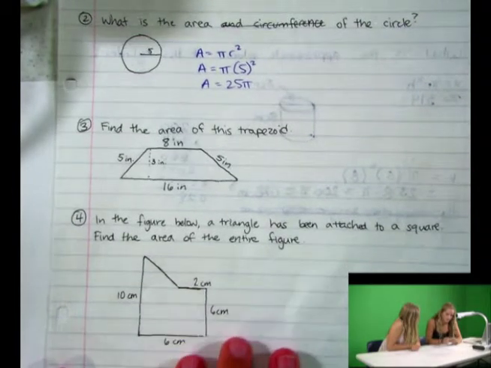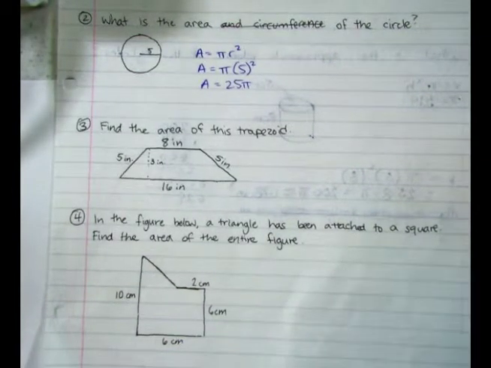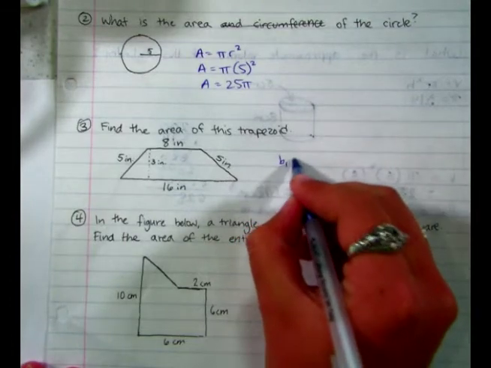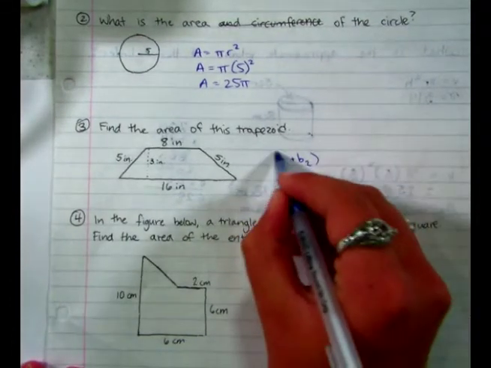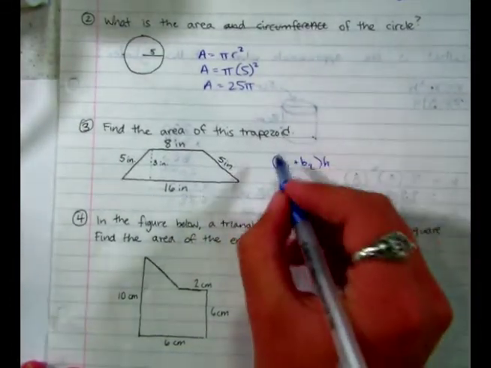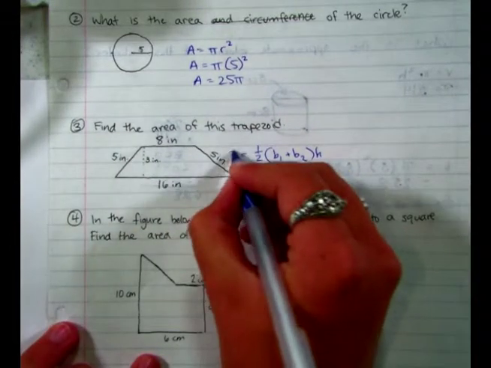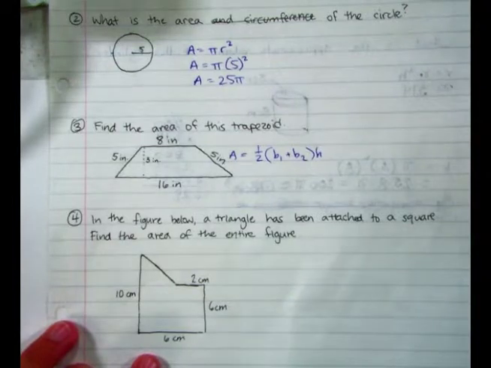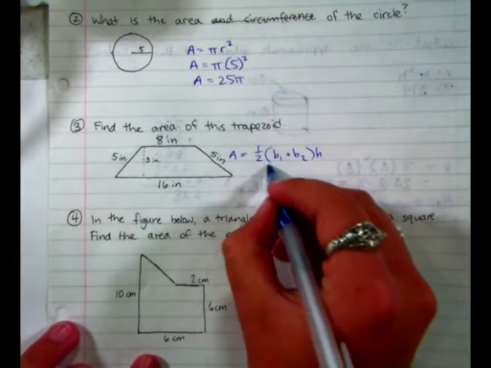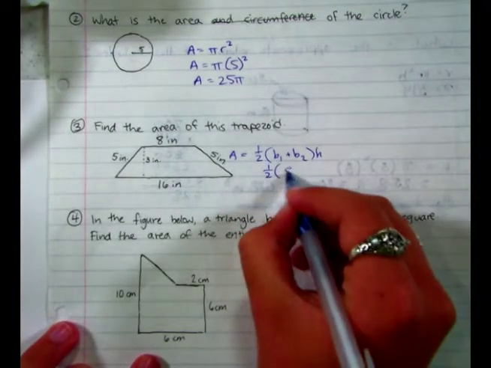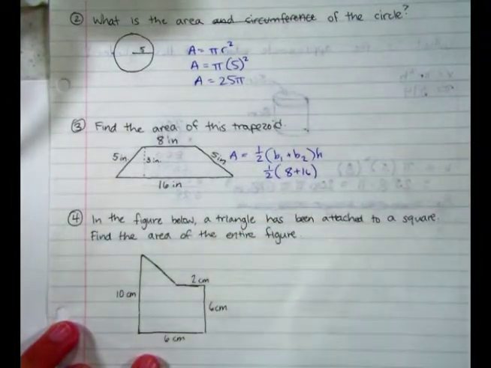Okay, next is find the area of a trapezoid. Do you know the formula that we're supposed to use for this? Base 1 plus base 2 times height divided by 2. Is that right? Yeah. Okay. So what should we plug into our equation? 8 and 16 for the bases, and then 3 for the height.